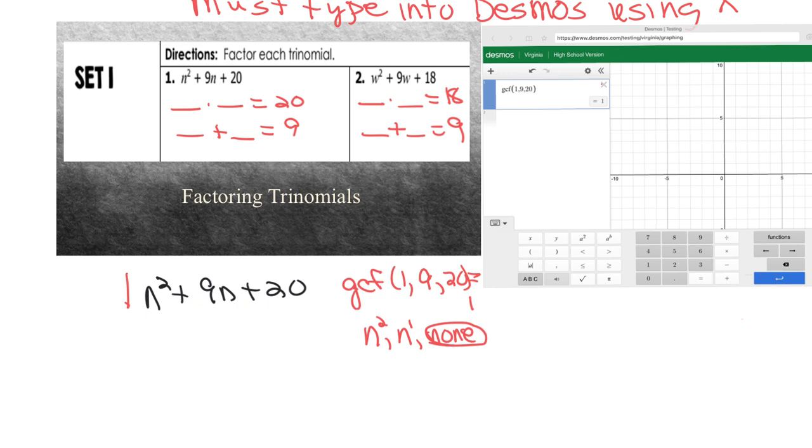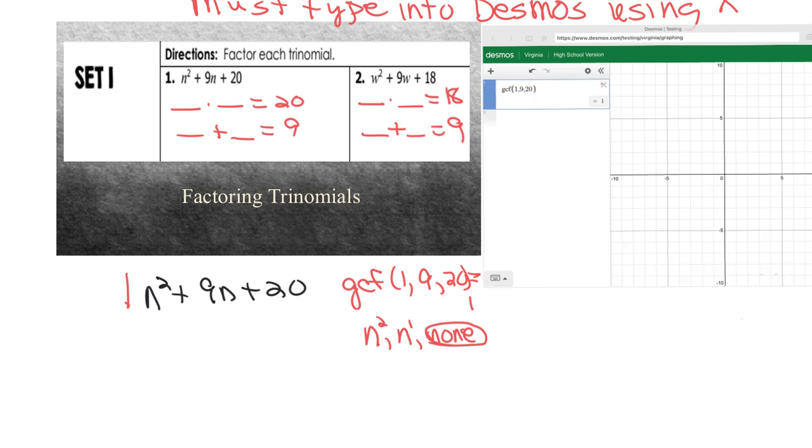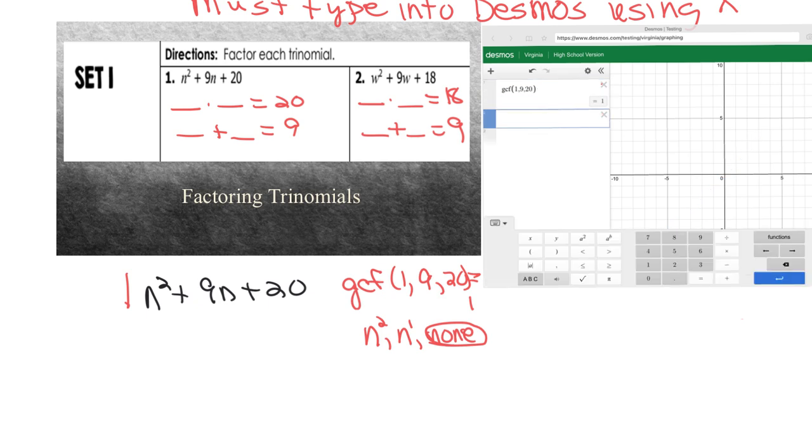So I'm going to now type into Desmos my trinomial, and when I type it in, you must always use x. So instead of n squared, I'm going to type it in as x squared plus 9x plus 20.